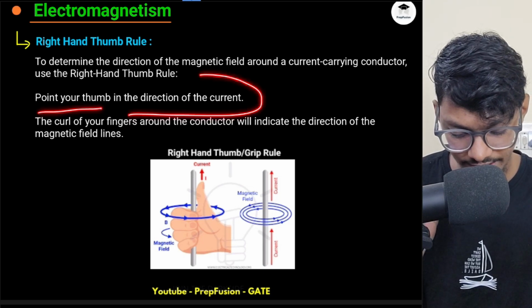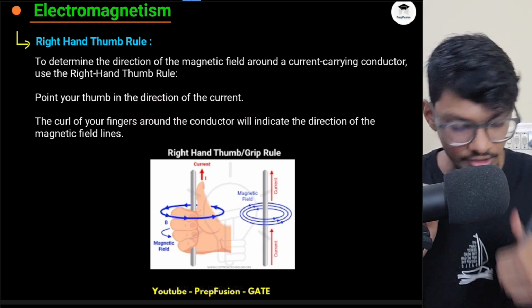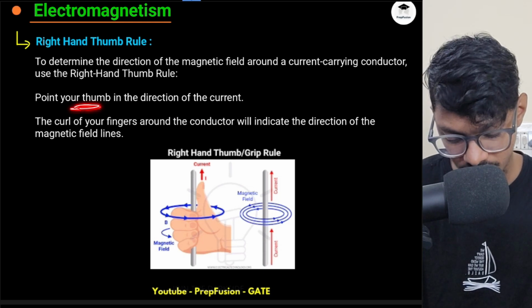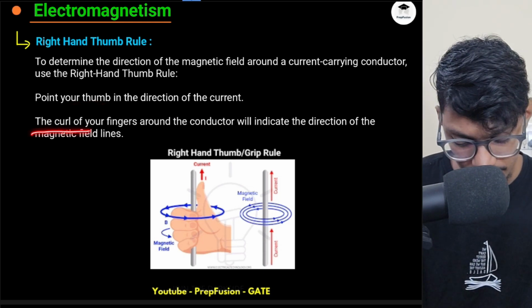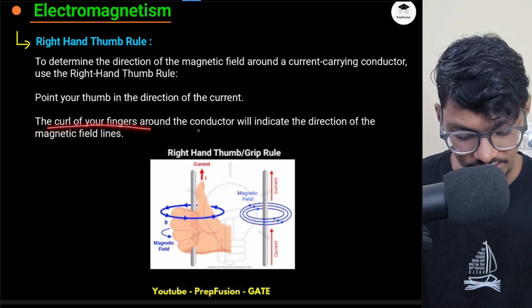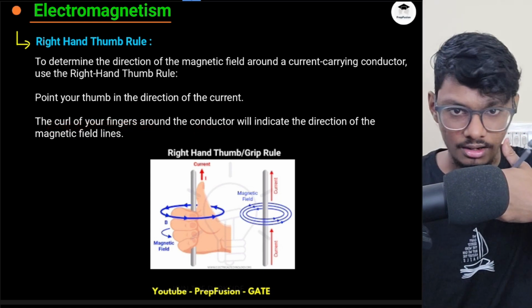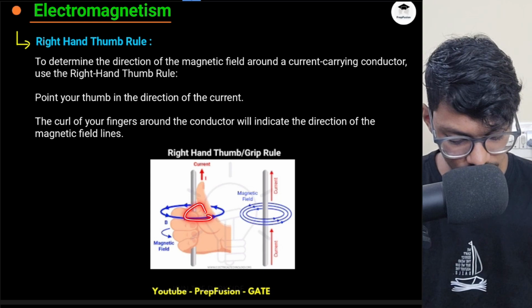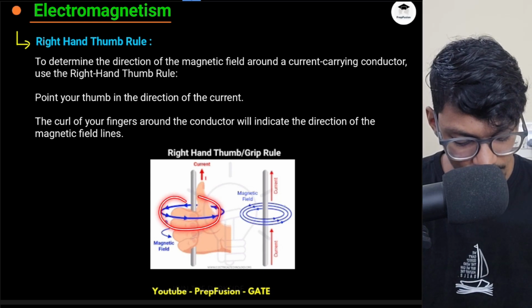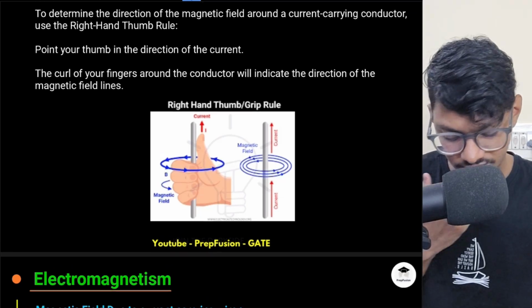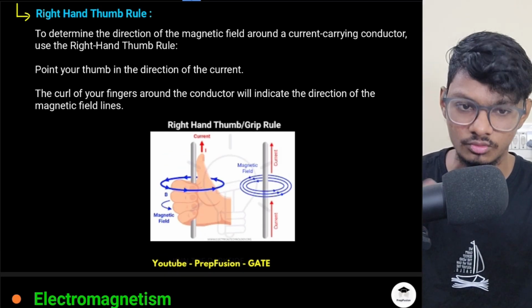Point your thumb in the direction of the current. Then the curl of your fingers around the conductor will indicate the direction of the magnetic field. It will be just like concentric circles. So this was about the direction.